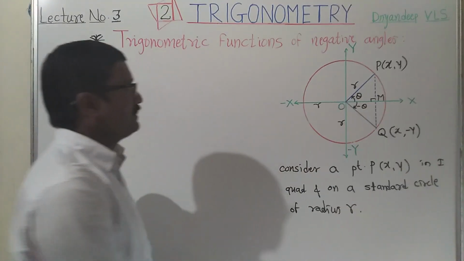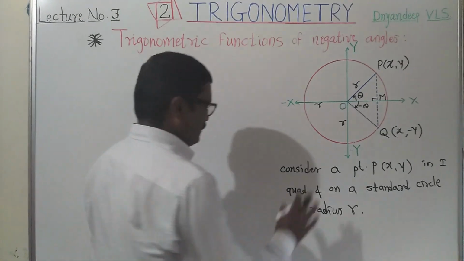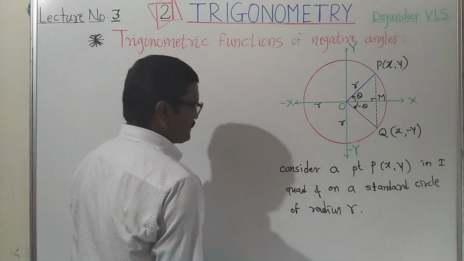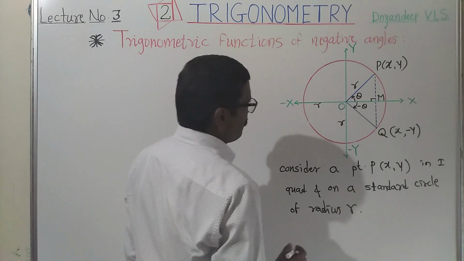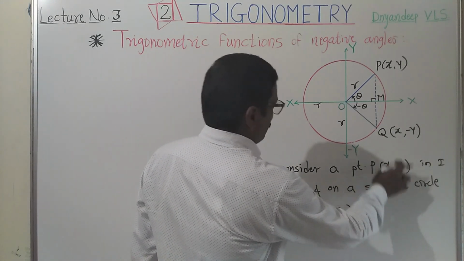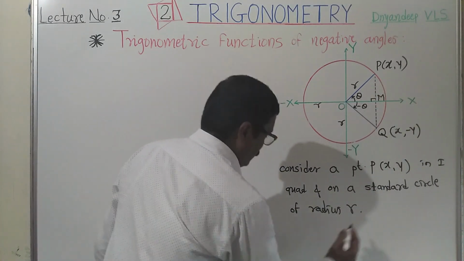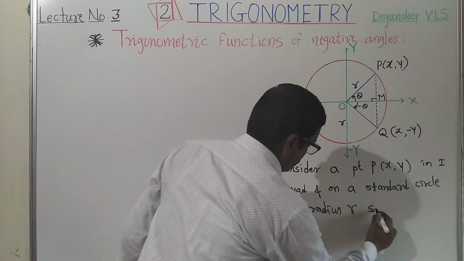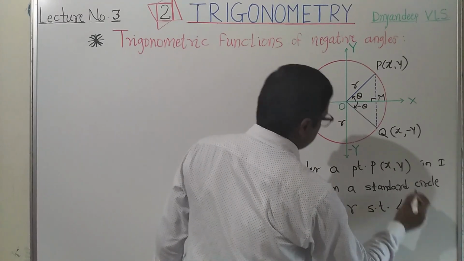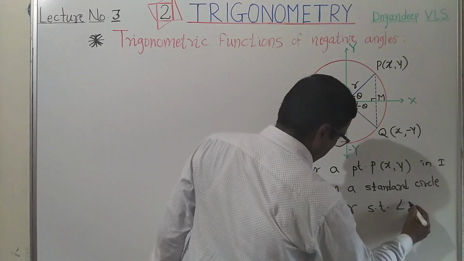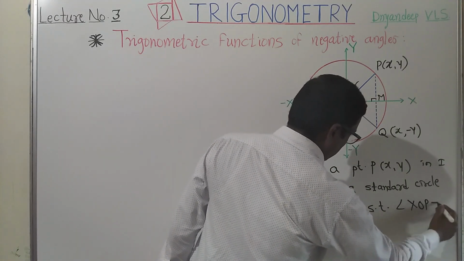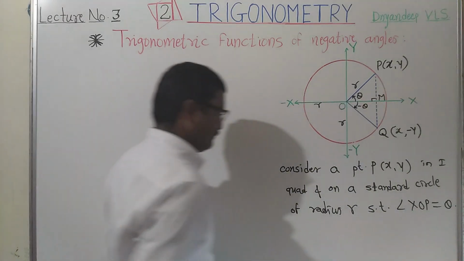Now we are not taking here the radius of the circle equal to 1. We are taking it as any radius or any value r. Therefore, P x, y are the coordinates of point P such that angle XOP is equal to theta.